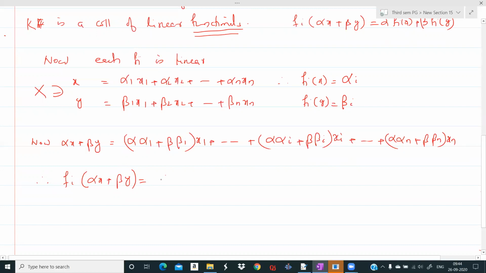So this is alpha i plus beta i, and this is equal to alpha times fi of x plus beta times fi of y. So this condition is satisfied, therefore fi is linear.